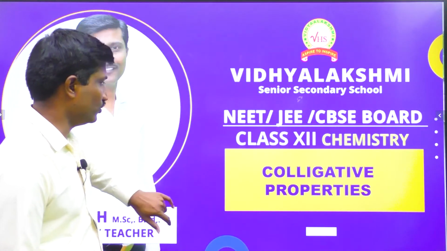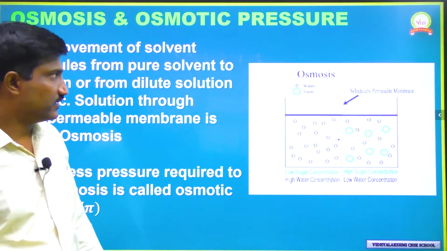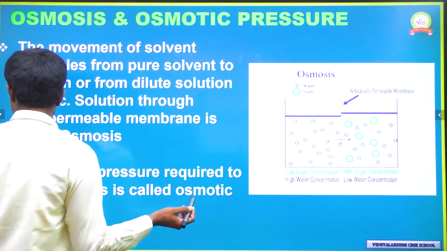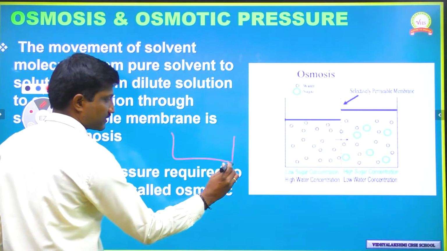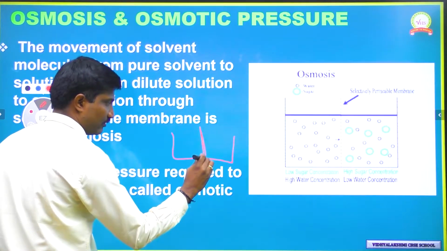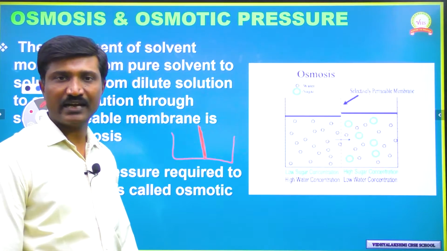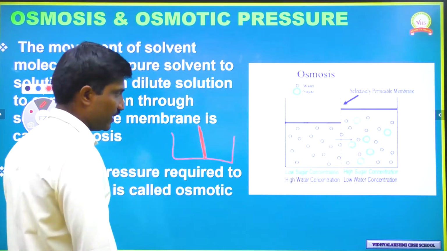Yes, let us go to the last colligative property, that is osmotic pressure. If you see this diagram carefully, I am taking a flask and keeping a semi-permeable membrane in the middle of this flask. That semi-permeable membrane allows only the solvent particles but not the solute particles.